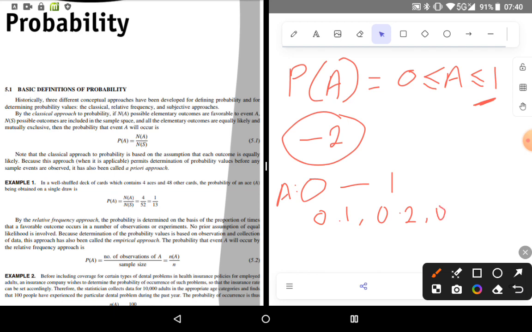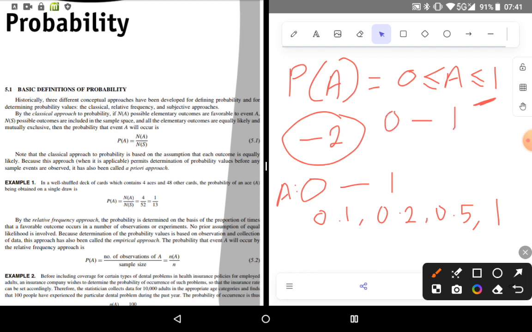We can also have 0.5, that's evenly distributed, just like what we have in the case of selecting out of a gender base out of a population. And we can also have 1, which means that is the extreme part. There's no other case. So probability here also says that the possibility of something to occur can be rather from 0 to 1.